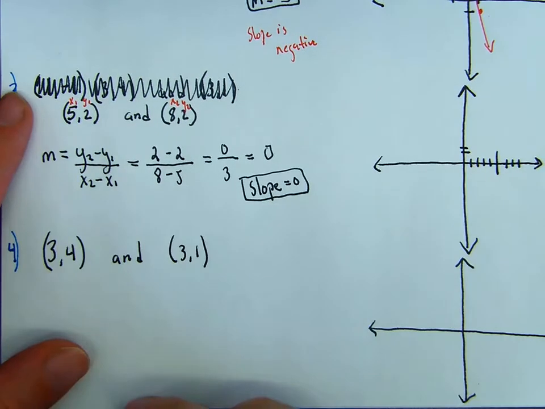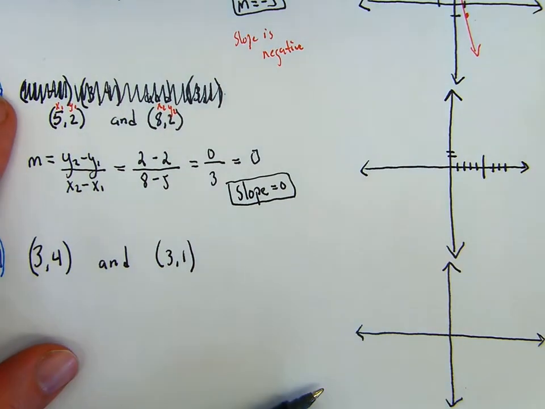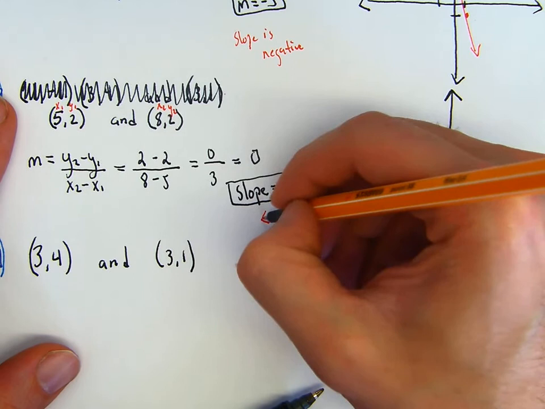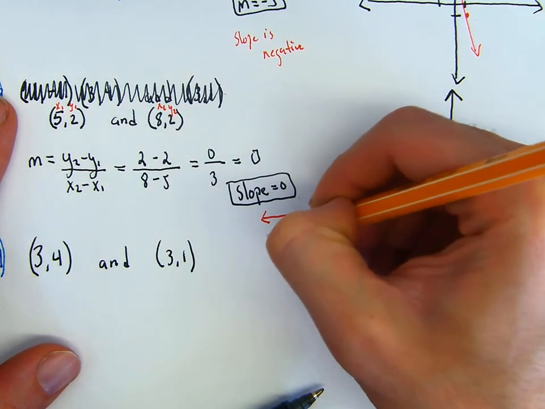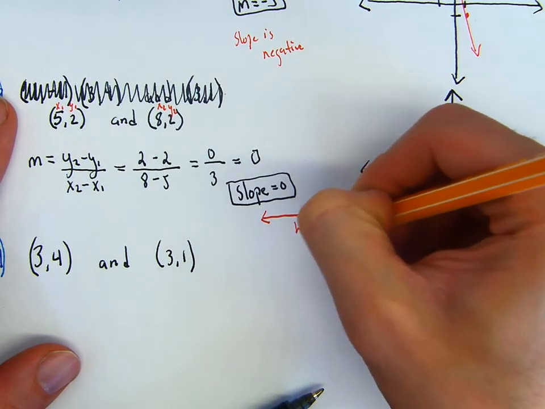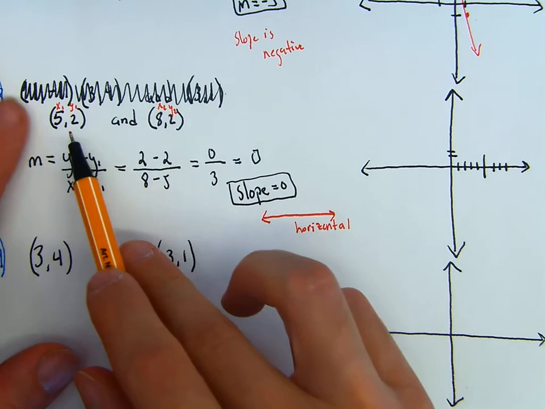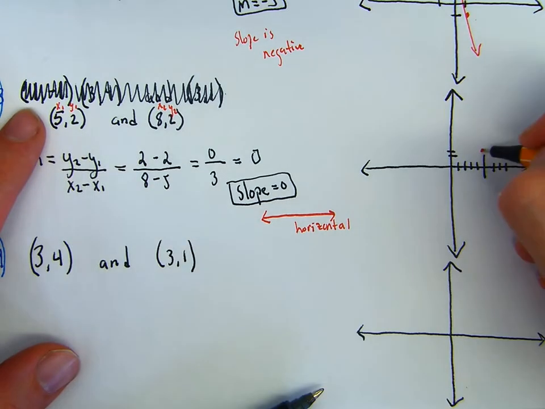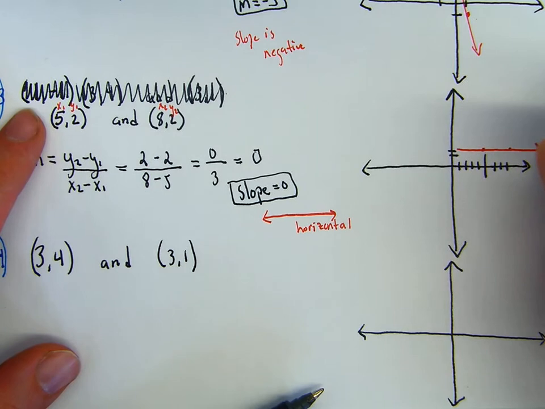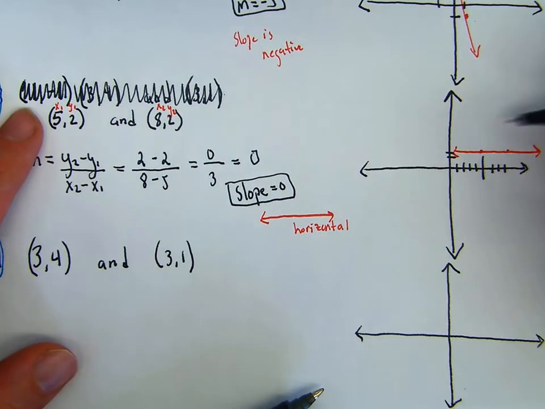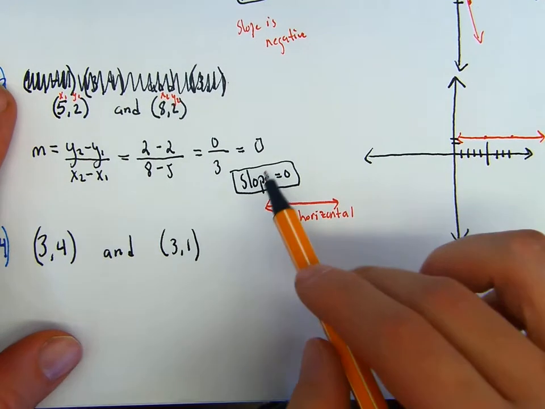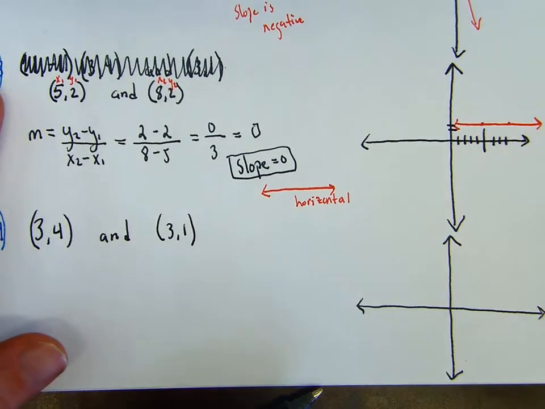What do you think? A slope of 0 will imply that the line is horizontal. Right? So here, if we have this point, 5 comma 2 is over here, 8 comma 2 is over here. This line over here has no slope. There is no rise over run. Okay, so if I have a slope of 0, the line will be horizontal.